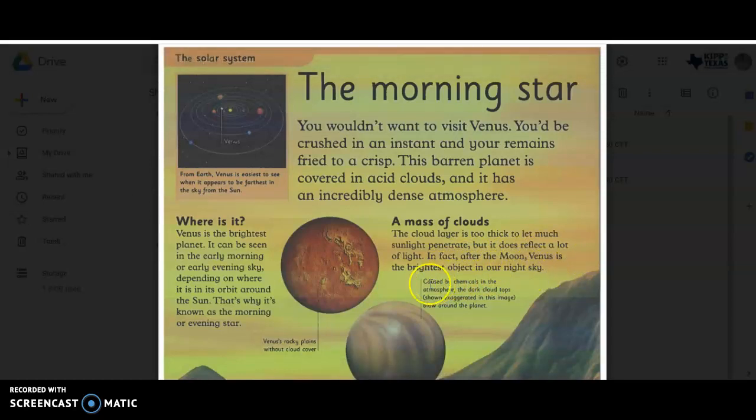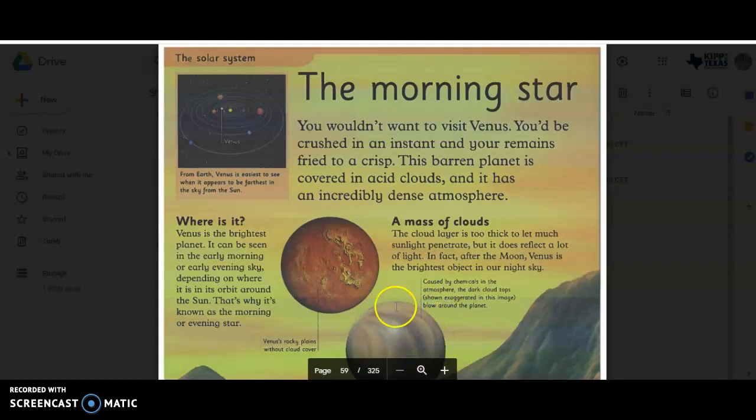And then let's look at this illustration down here of Venus, and we got a little label right here that tells us caused by chemicals in the atmosphere, the dark cloud tops, shown exaggerated in this image, blow around the planet. So the chemicals in the atmosphere are why the cloud tops are so dark and they're blowing around the planet.